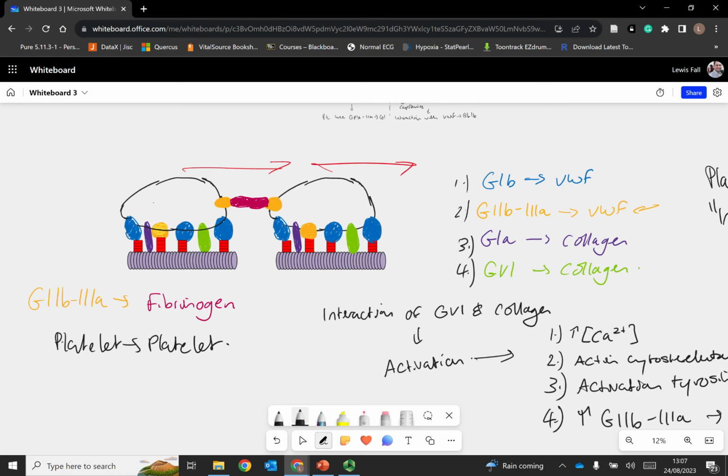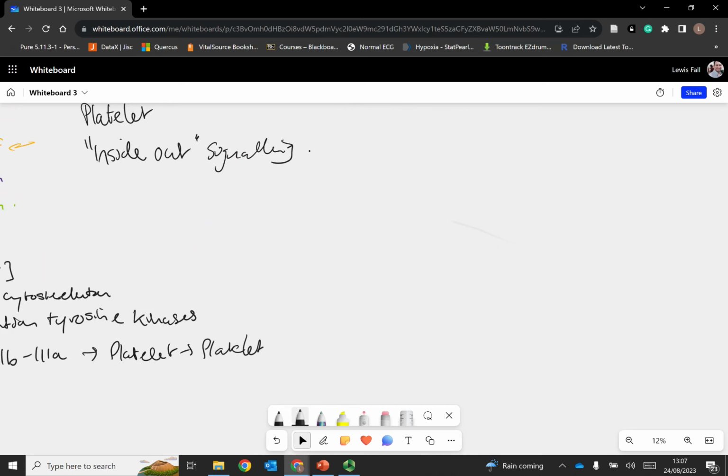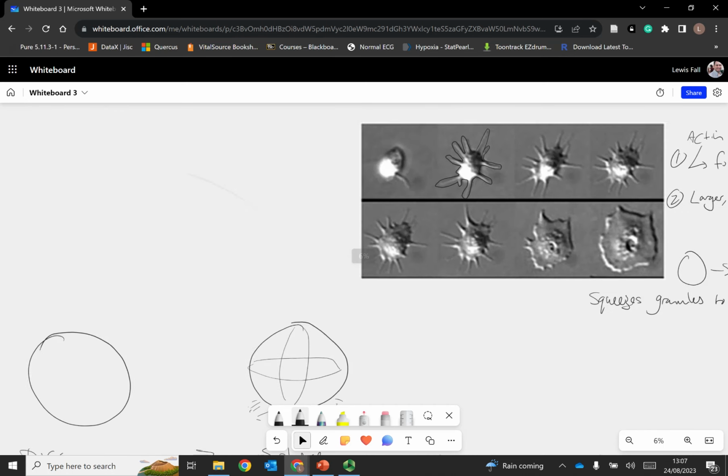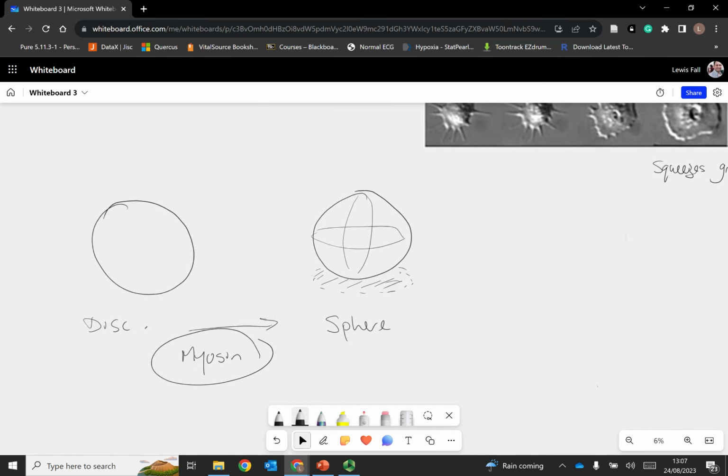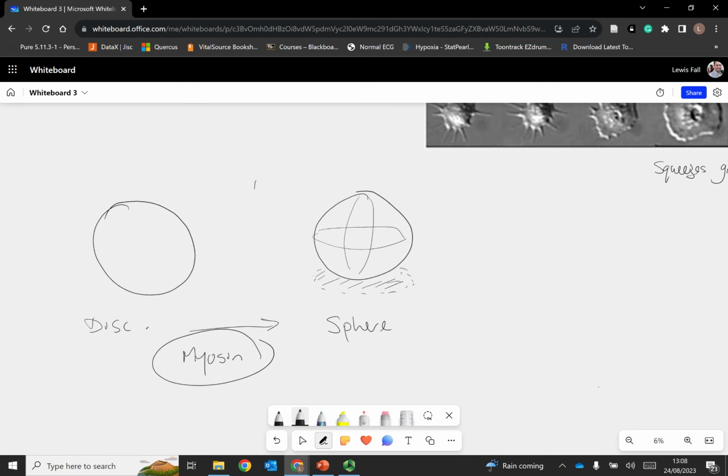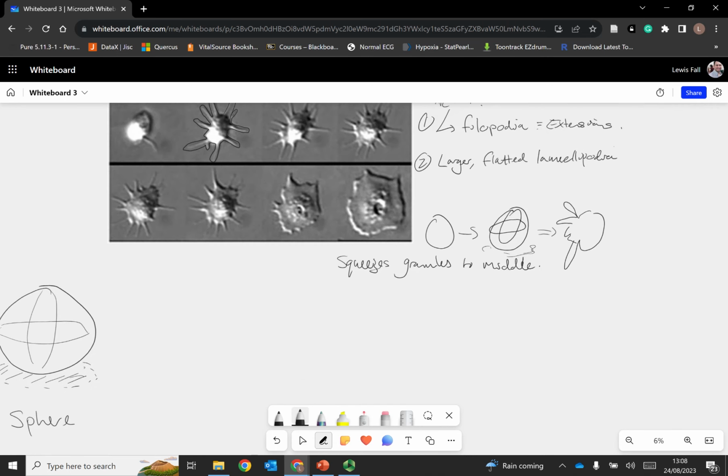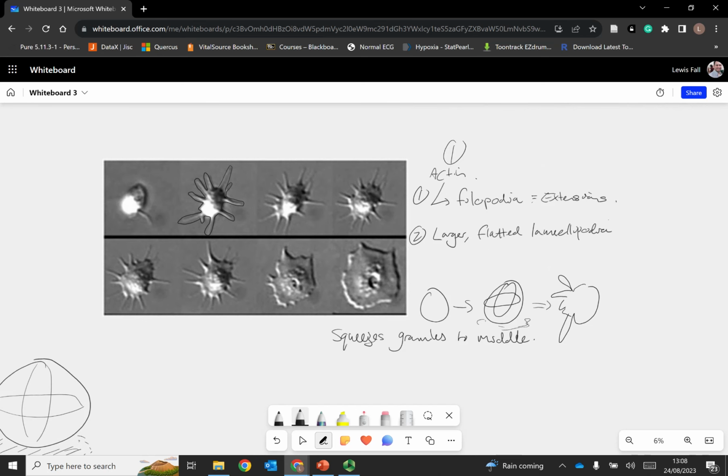So that's really the main take-home point of this, is that after we tether these platelets and they become active, they start to change their shape. Okay, so the change in shape is disc to a sphere, point 1, then point 2, we get activation of actin, filopodia extensions, and then larger flattened lamellipodia filling in the gap in the middle.